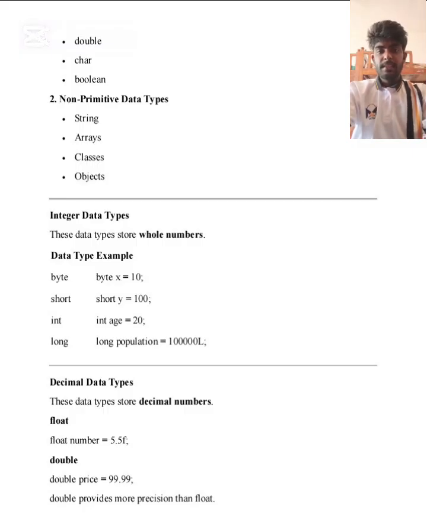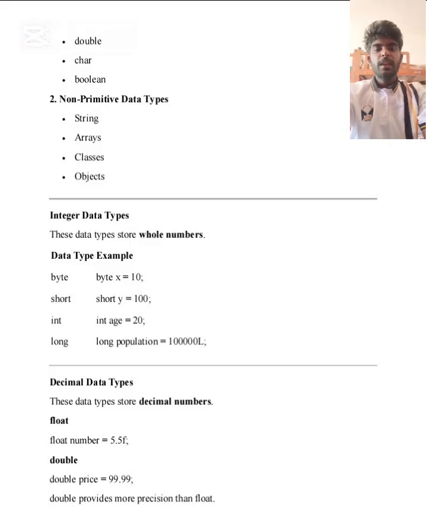Here x is a byte value, y is a short value, age is an integer value and population is a long value. So when we want to store whole numbers, we can use these integer data types depending on the type of value we need to store.